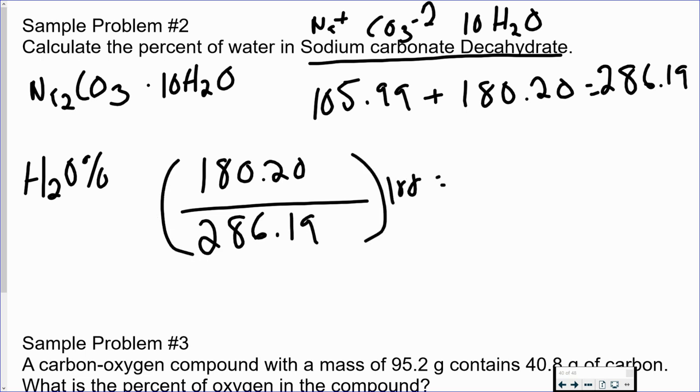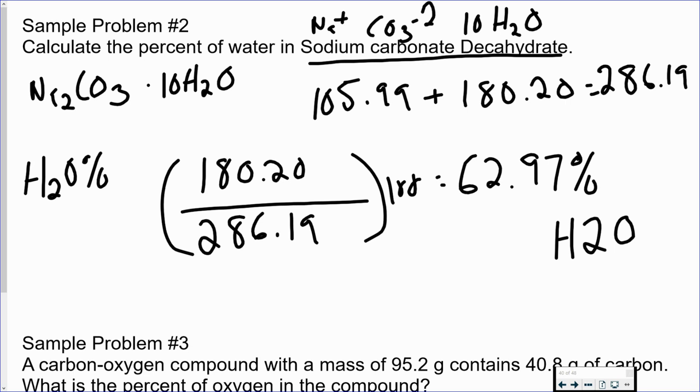We're going to multiply that by 100, and our percentage should be 62.97%. Now, for water, when you type it into the assignments, you can put H2O because you can't put subscripts, or another way that we write water is HOH.